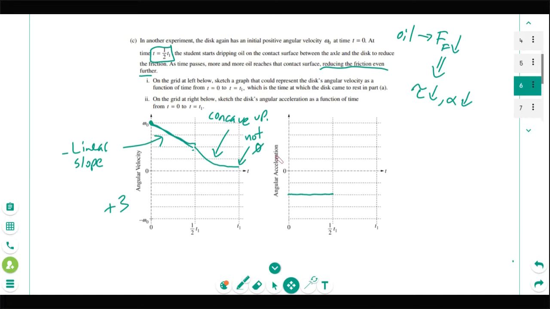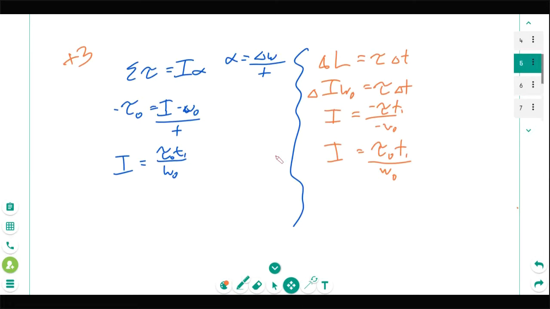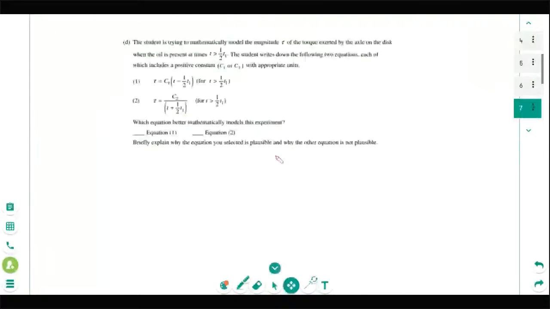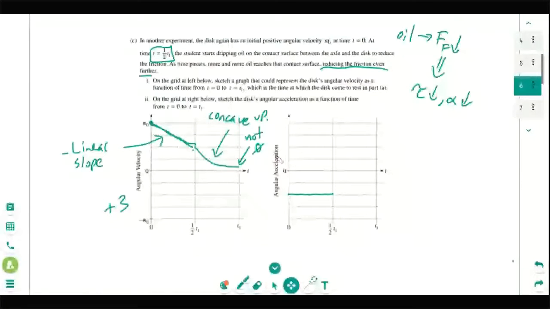Now, I'm not going to be clairvoyant about this, but I would assume that whatever you made your acceleration in the first graph for part A should be the same as you make your acceleration start off as for part C. We haven't changed any of the friction or anything else beforehand for that T1/2 part.